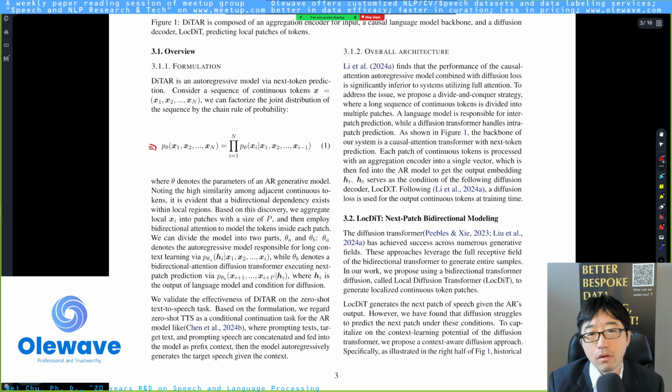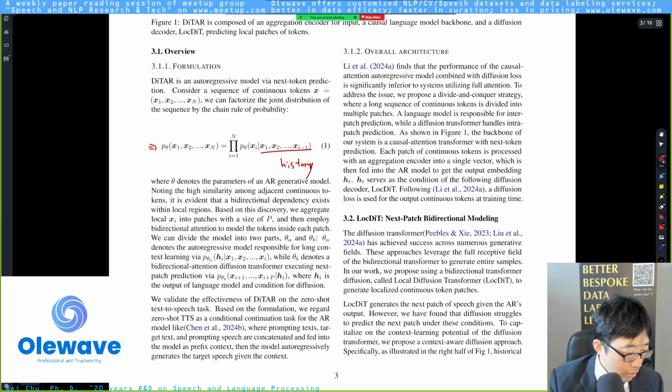Because they assume that, okay, they're in a streaming mode or in a causal framework. Every sample of the speech is only dependent on the history, and not dependent on the future samples. Well, sometimes they do, but this is for modeling purposes. They use this assumption. Okay, and theta denotes the parameters of the model.